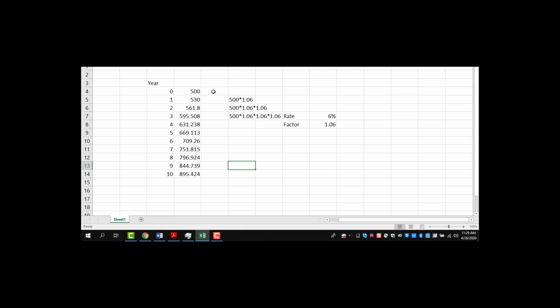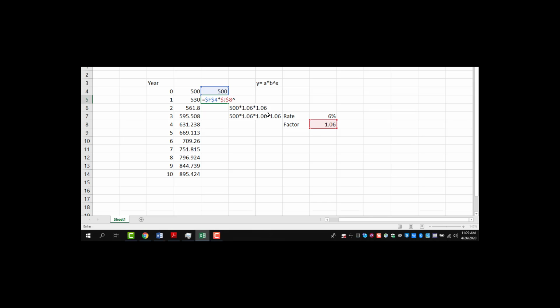So let me do this a different way. I'm going to start at $500, and I'm going to use this formula. That's the initial value A. I'm going to take the initial value A, which is not going to change. I'm going to multiply it by 6%, 1.06, which is not going to change.